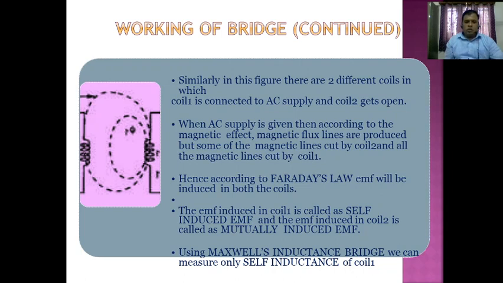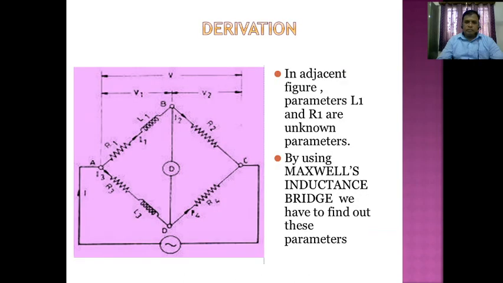The EMF induced in coil 1 is called the self-induced EMF, and the EMF induced in coil 2 is called the mutually induced EMF. So using Maxwell's inductance bridge, we can measure only the self-inductance of the coil. This is the principle applied for measuring self-inductance using Maxwell's inductance bridge. The name is also given after the scientist Maxwell, and since we are solving for inductance, it is called Maxwell's inductance bridge.